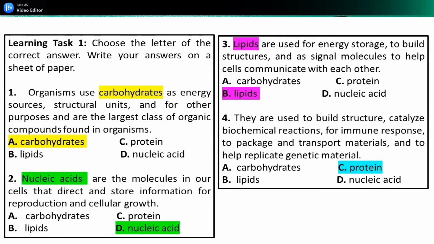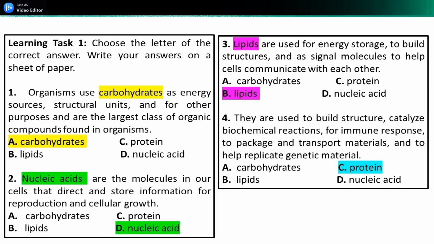Number 1, organisms use carbohydrates as energy sources, structural units, and for other purposes, and they are the largest class of organic compounds found in organisms. Number 2, the organic compounds in our cells that direct and store information for reproduction and cellular growth are nucleic acids.